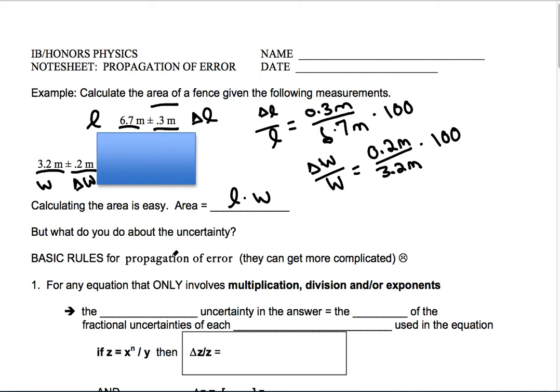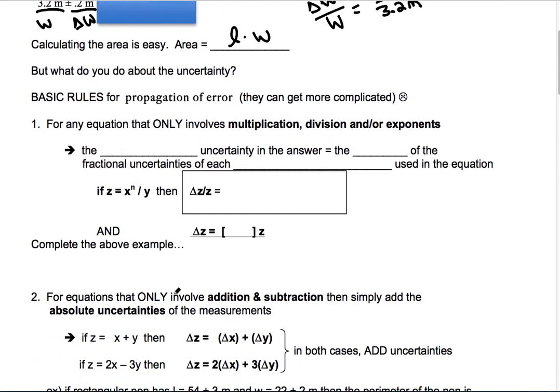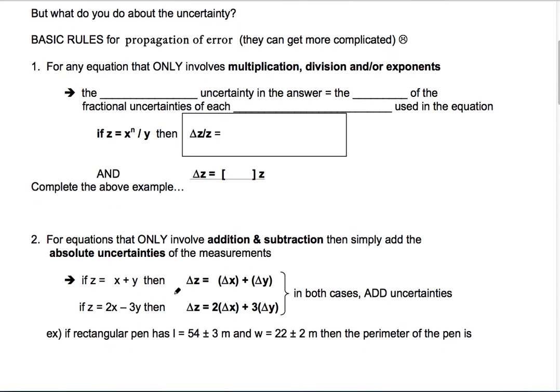So how do we carry out the uncertainty within a calculation, also known as propagation of error? Basically, your calculation is going to fall into one of three categories: multiplication, division, or exponents; addition and subtraction; and trigonometry.